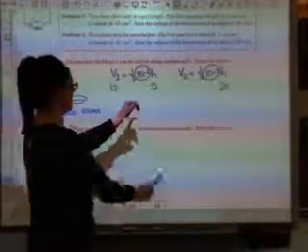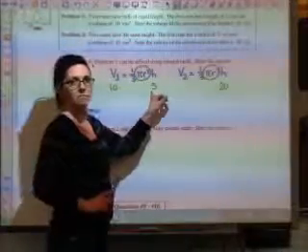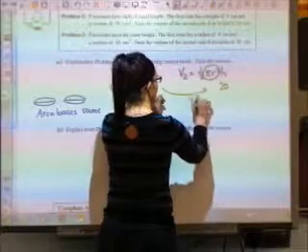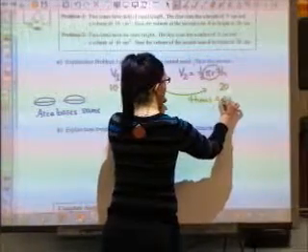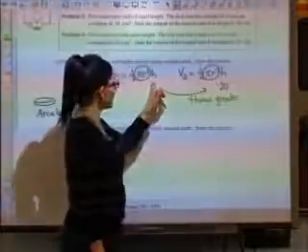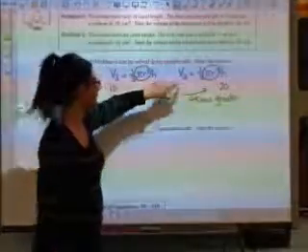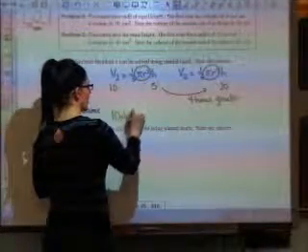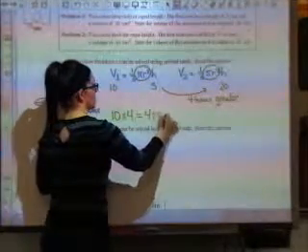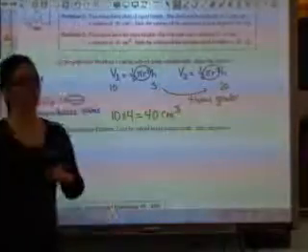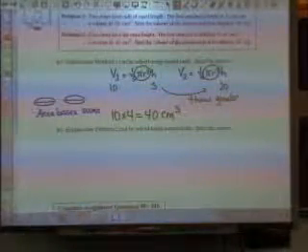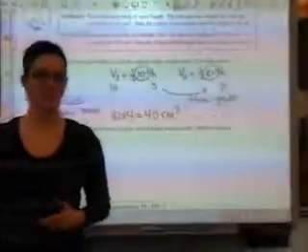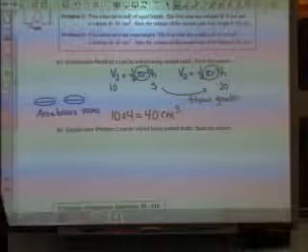Well, 5 to 20, how many times more is that? That's 4 times greater. So if the length is 4 times greater, the impact that it will have on the volume is to make the volume 4 times greater. So the volume would be 40 cubic centimeters. This 1/3, because it's in both equations, kind of cancels itself out. Don't have to worry about it.